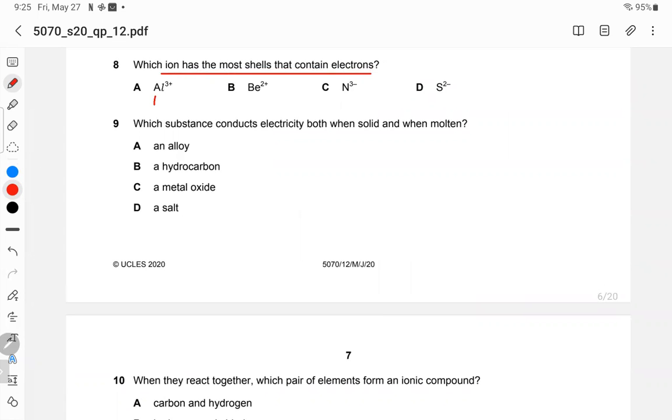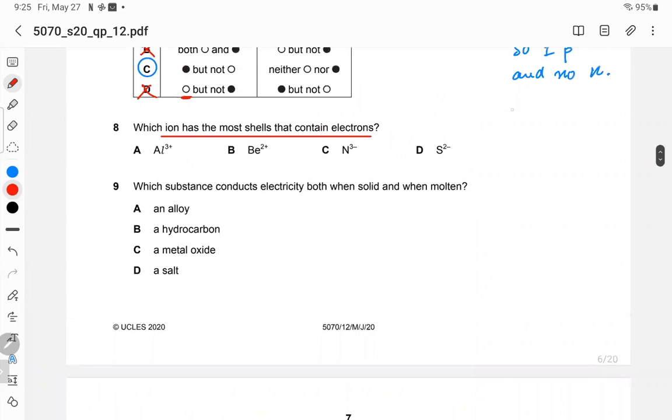First, if you look at aluminium, aluminium has a third period. एक मिनट, देखें, एल्यूमिनियम की पहले बात हो रही है तो एल्यूमिनियम का थर्ड पीरियड है। और अगर थर्ड पीरियड है तो इसका मतलब है इसमें शेल कितने होंगे? 3 शेल्स होंगे। But when we talk about aluminium 3 positive ion, it has 2 shells. ये बात क्लियर है सबको?